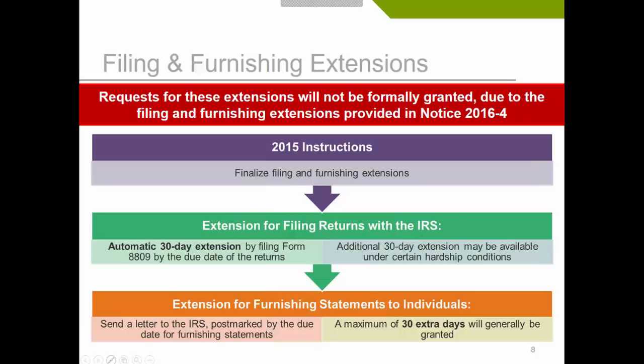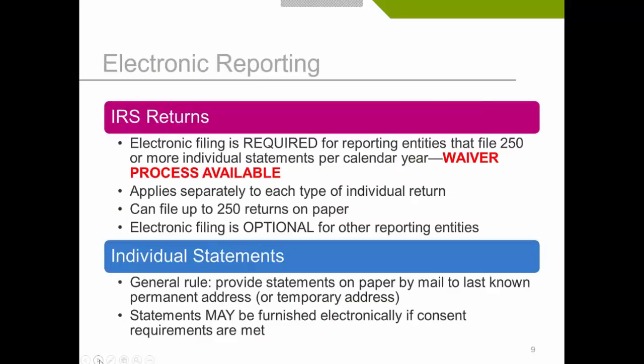So just be aware that this is obviously just following up on those extensions and deadlines. Most of our clients are going to be doing electronic filing because we can file up to 250 returns. So if you have less than 250 employees, then we could look at certainly doing it paper. However, we're encouraging all of our companies to do it electronically because we automatically get an approval from the IRS when we transmit through their system.